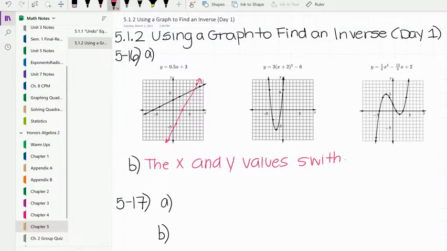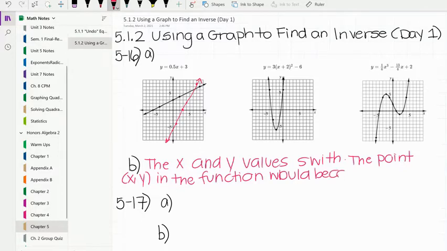And so the point (x, y) in the function would become (y, x) for its inverse. Okay. So again, you will go ahead and finish up the second and third graph if you haven't already.